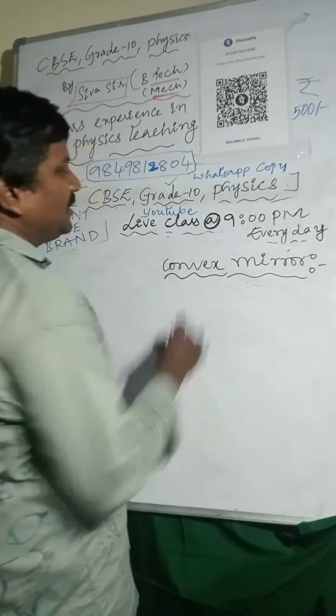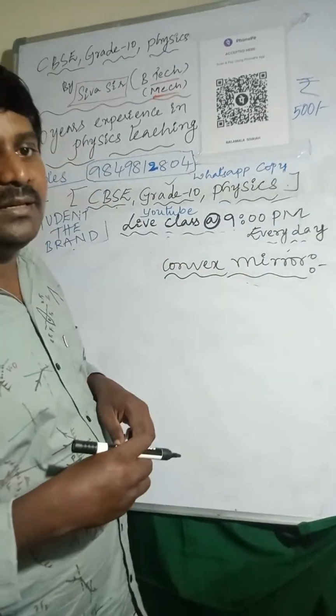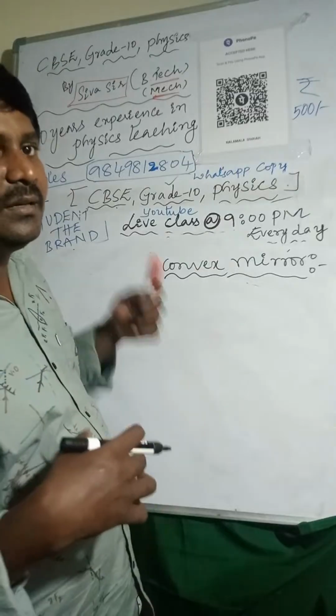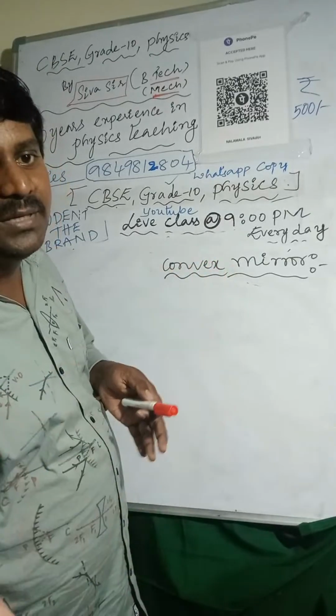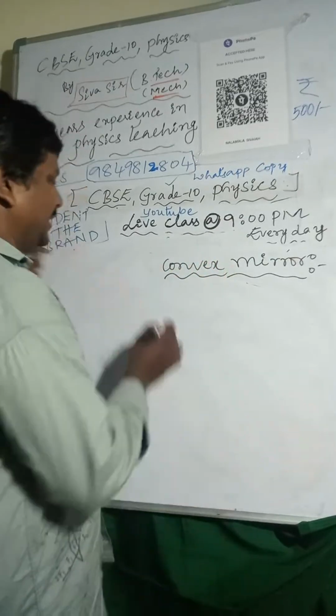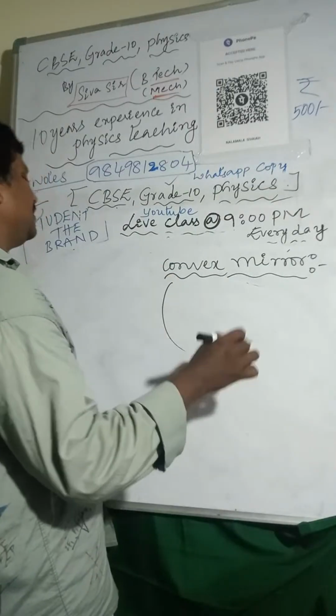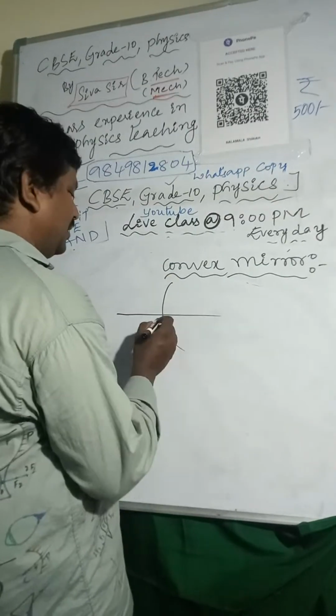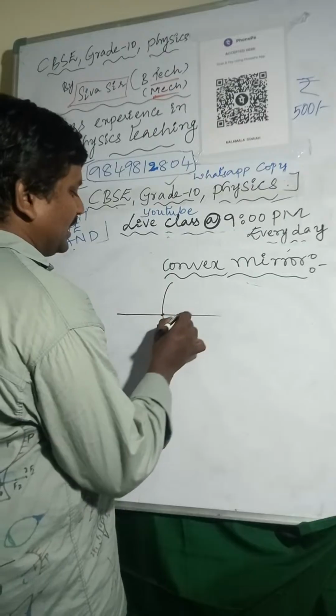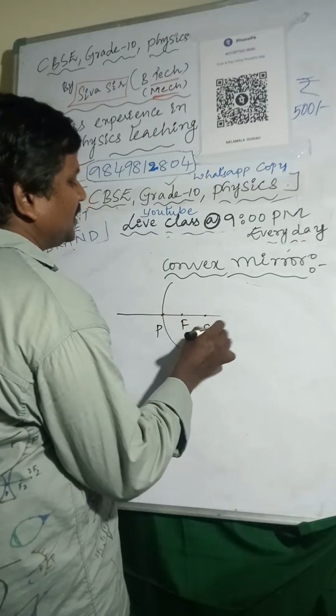Concave mirror, just now completed. Now I am taking the convex mirror. Taking the convex mirror like this: pole, focus, center of curvature.